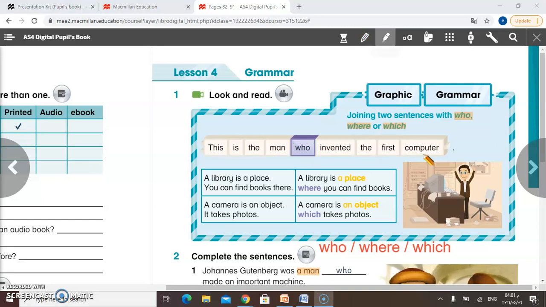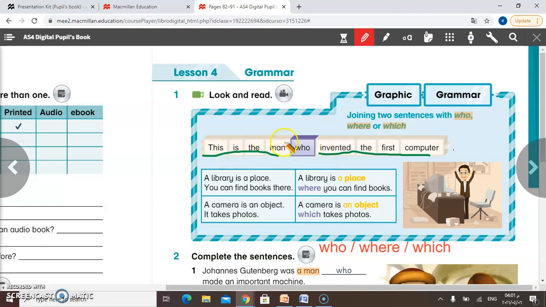So as you can see here, we have two sentences. الأصل, this is the man and the man invented the first computer. أنا بدي أوصل بيناتهم بضمير وصل مشان ما أكرر الاسم الموجود. تمام؟ So we have to put who في بداية الجملة الثانية أو الضمير الوصل بداية الجملة الثانية بعد الاسم المكرر.